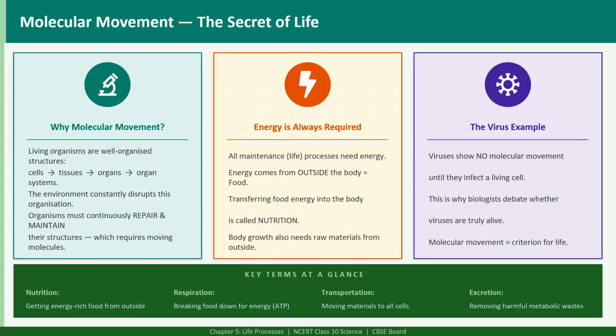The real sign of life: molecular movement. The most important characteristic of a living organism is continuous internal activity, also known as molecular movement. Before going into this, you could have already studied cells and the levels of organization.